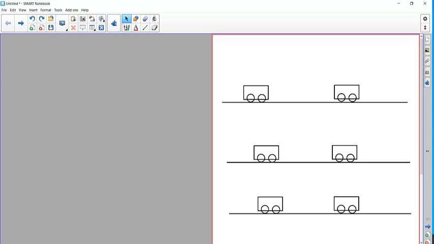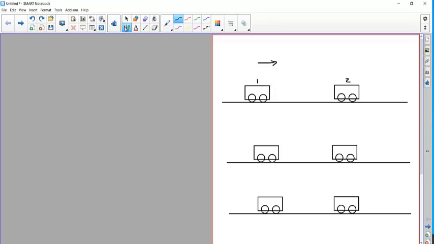So we're gonna call this cart 1 and this cart 2. Cart 1 is the one that's going to be moving. We'll give that some initial velocity, and the cart will come along. It will hit the other cart, and we're going to have what we'll call a perfectly elastic collision.